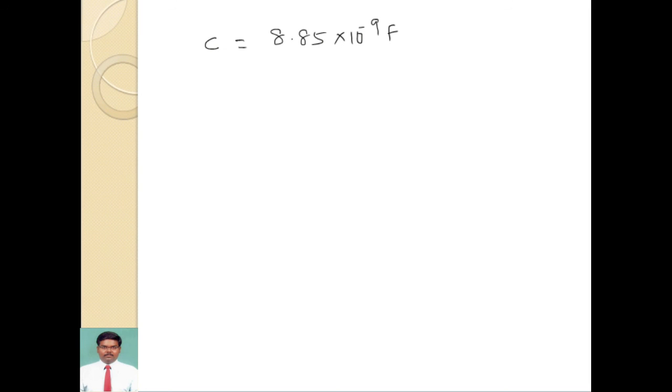Now we try to check the bigness of the unit called 1 farad. So now we know the formula C is equal to epsilon naught A by D. In that I'm doing a modification, separating the A. I can write A equals CD by epsilon naught. Now I am going to substitute the capacitance value equal to 1 farad, and for D, I'm going to take 1 centimeter in my case.